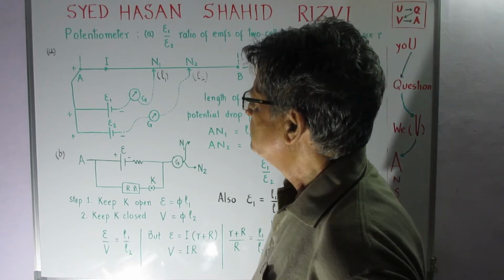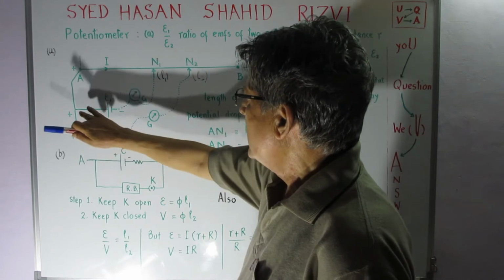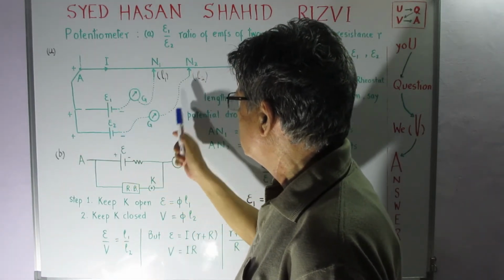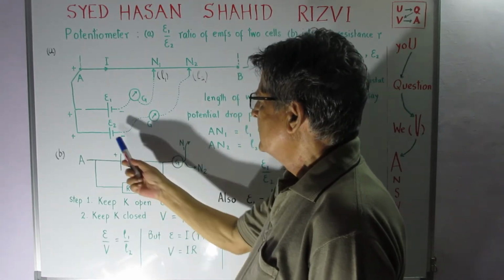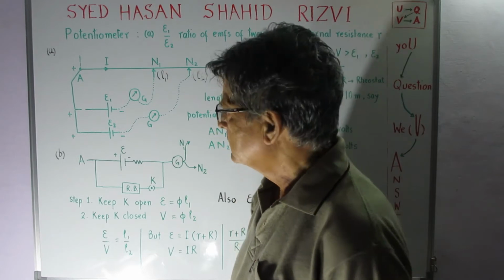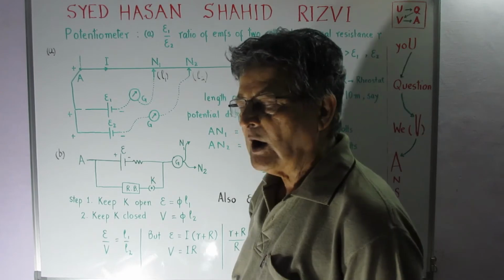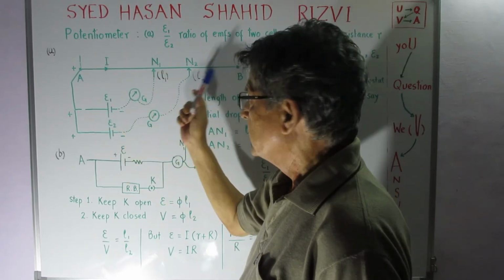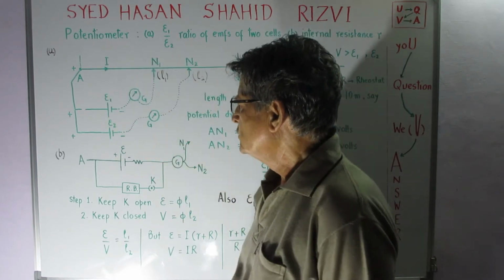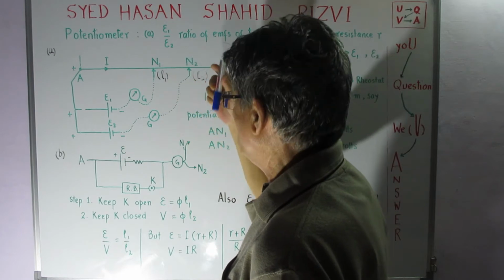And similarly, in the second instance, we avoid this and rather we take this path, and this E2 is also balanced at a point N2 with a length L2 associated and measured from this end. Like L1, this is also measured from this end. So we get two lengths, L1 and L2, right?